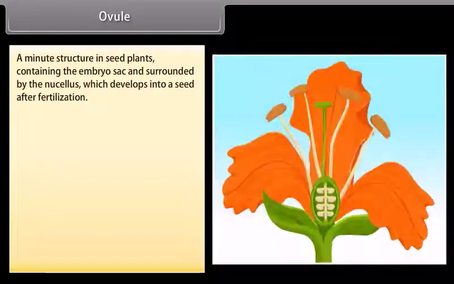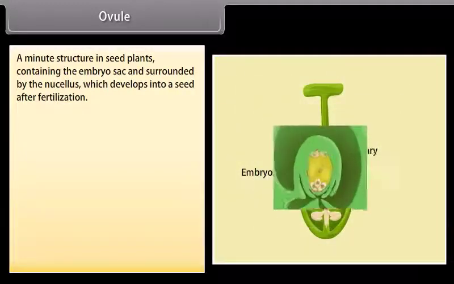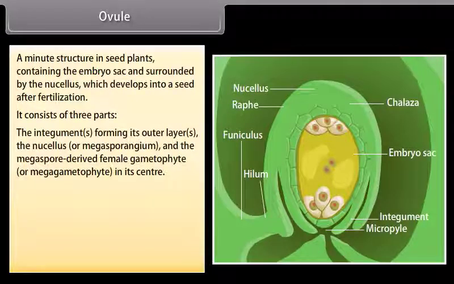Ovule. A minute structure in seed plants containing the embryo sac and surrounded by the nucleus, which develops into a seed after fertilization. It consists of three parts: the integuments forming its outer layers, the nucellus or megasporangium, and the megaspore-derived female gametophyte or megagametophyte in its center.